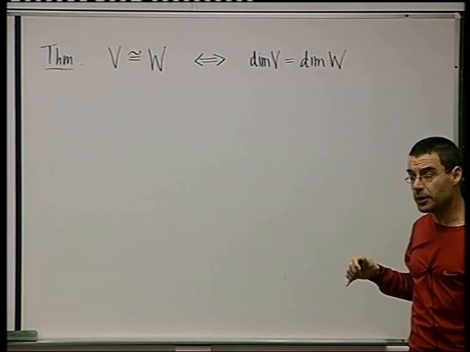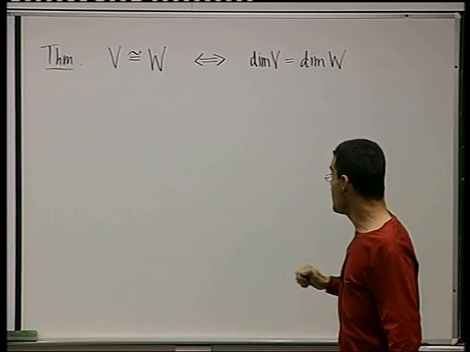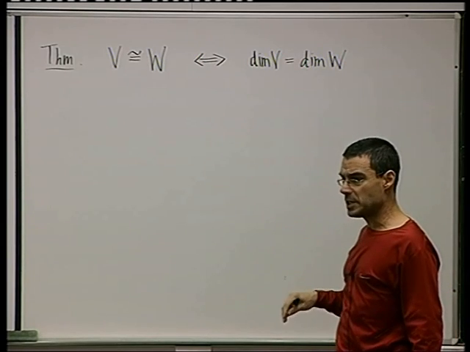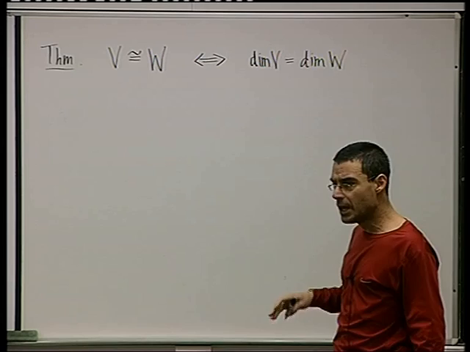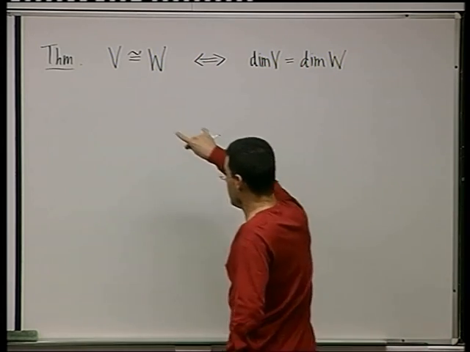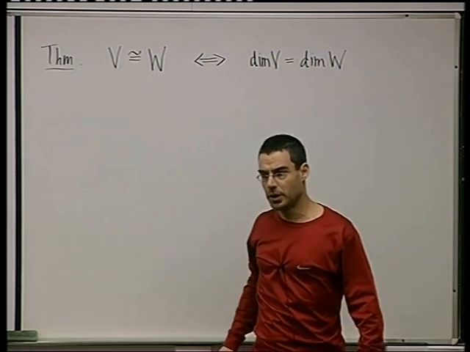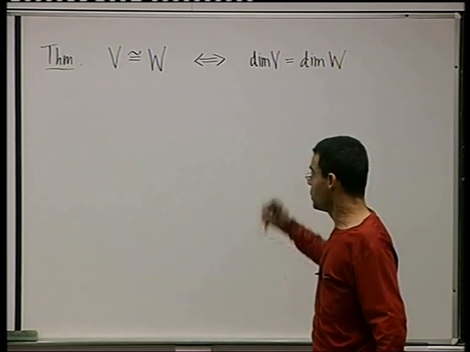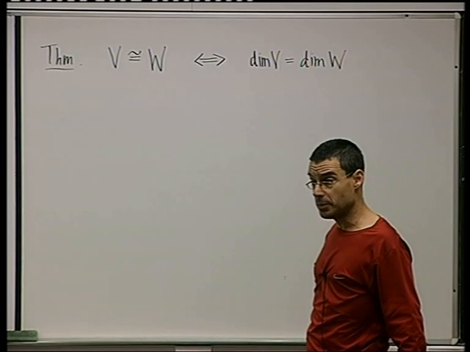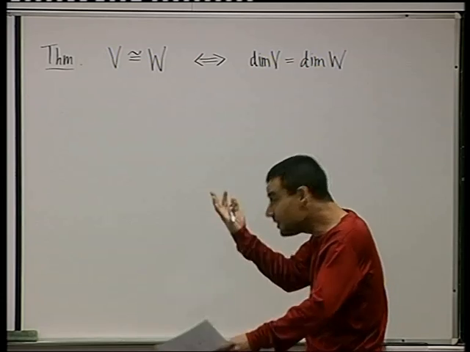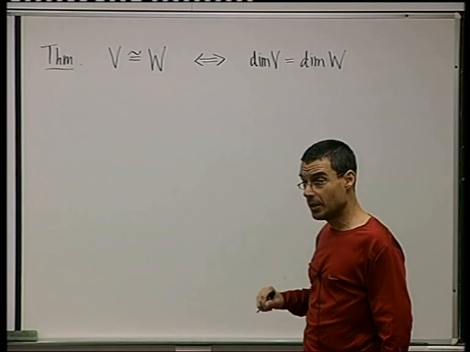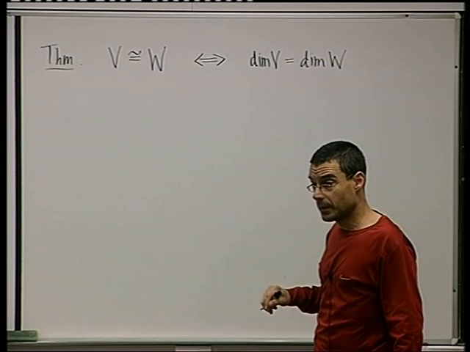Okay, so this is a pretty strong statement. It says that if you take two vector spaces and they have the same dimension, somewhere out there, there's going to be a linear one-to-one and onto map which gives the isomorphism between these two spaces, even if it's not easy to see automatically. Okay?